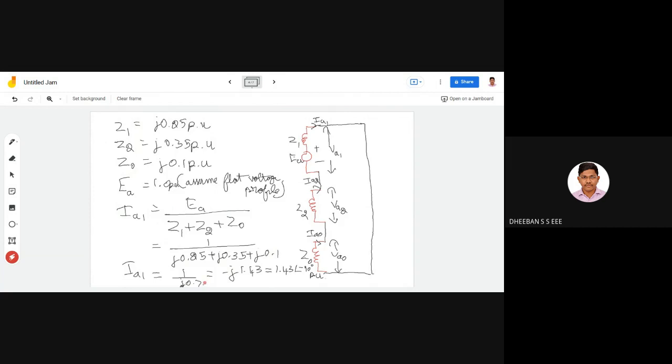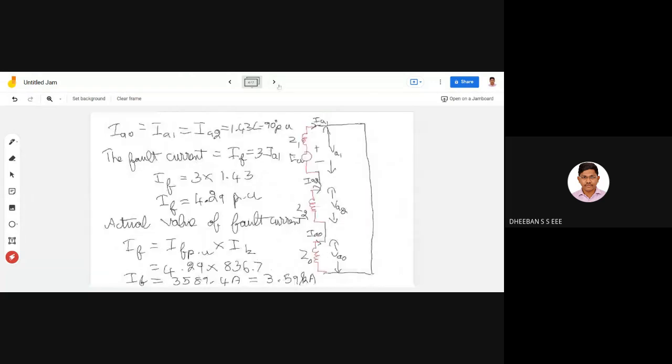So you have to reciprocate it, so the J value comes to the numerator with a minus. In polar form, it will be 1.43 at an angle of minus 90 degree per unit. This corresponds to your IA1. Now we have found your IA1. The next part is that IA0, IA1 and IA2 will be the same in a line to ground fault.